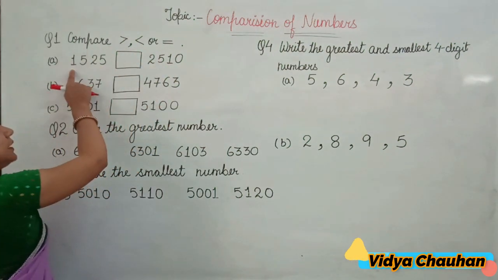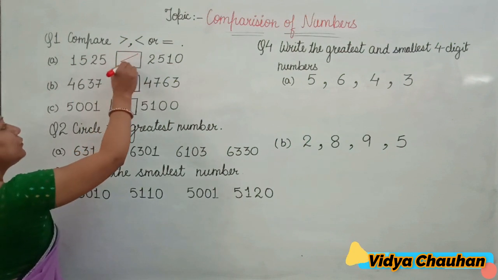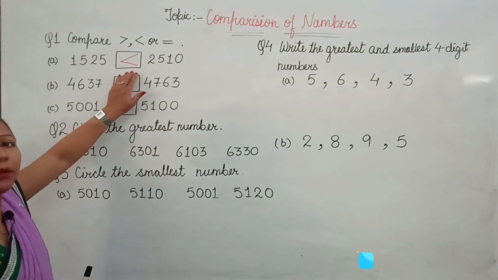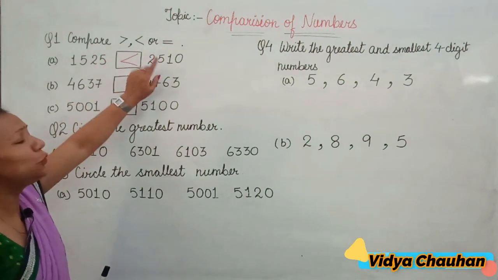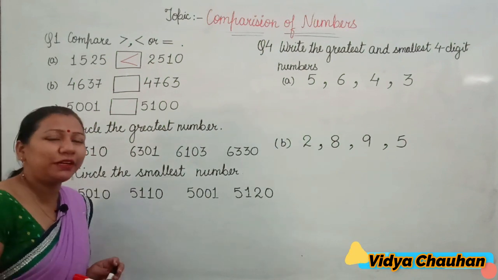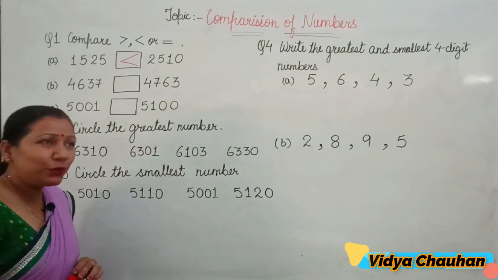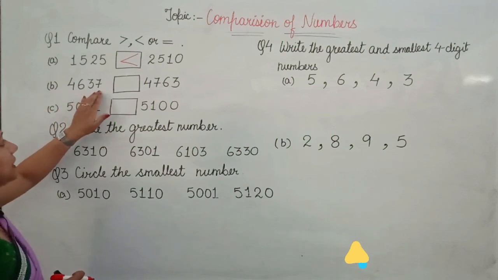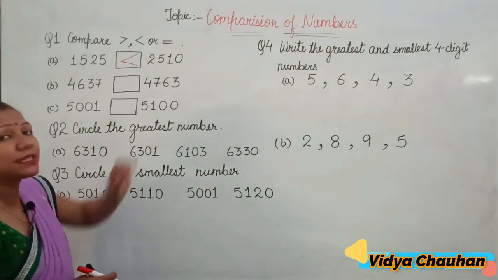So hence you can say 2510 is greater than 1525. And hence you will open the mouth of the crocodile towards 2510. Okay students? Next number, 4637 and 4763.